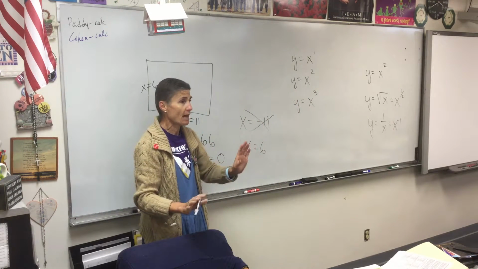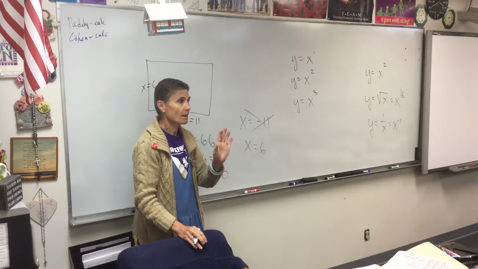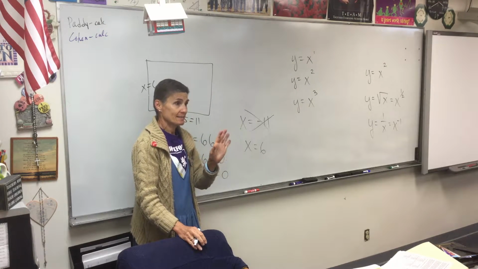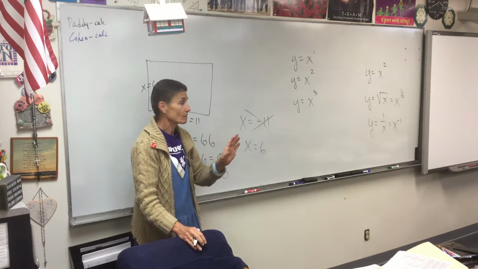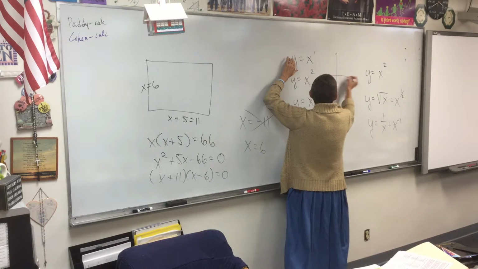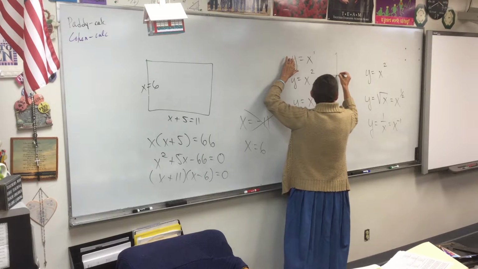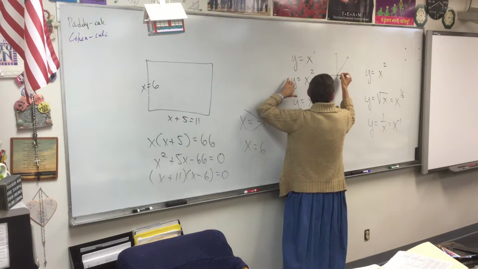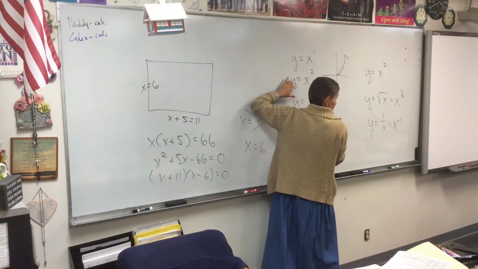I'm not going to dispute that. But they all have something in common. The bigger x gets, think about it, when you draw this, what happens in quadrant 1? It goes up. What happens here when you draw it? It goes up even faster.